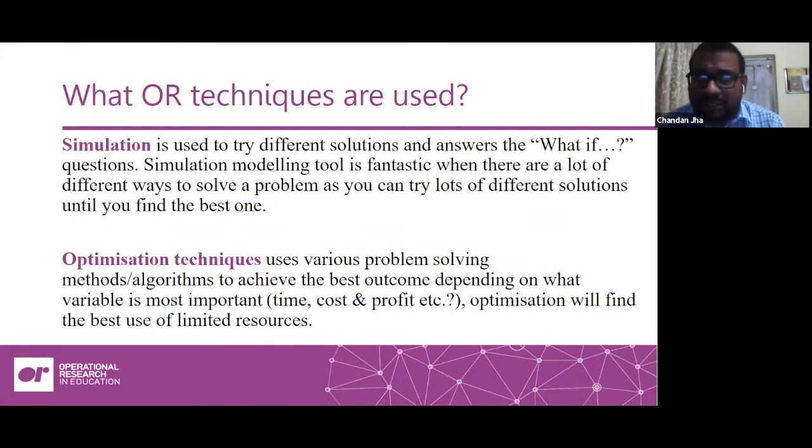Simulation is used to try different solutions and answer what-if questions, meaning considering different situations. For example, let's consider a pessimistic situation, an optimistic situation, and a third, average kind of situation, the most likely one.